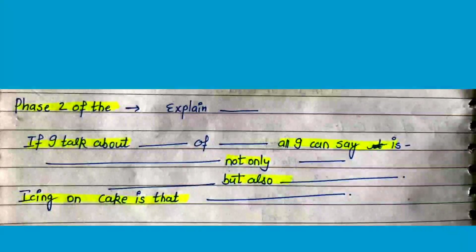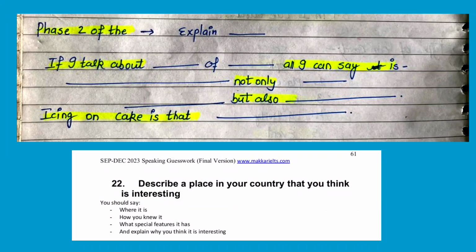Let's see. Now see this cue card. Here you will have to tell the special features of a place in your country. For example, I selected Shimla. So in Shimla, what can you see? Mountains, valleys, and rivers, right? And that's it. So how will I summarize that information?